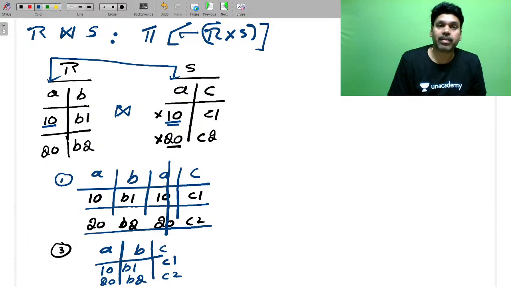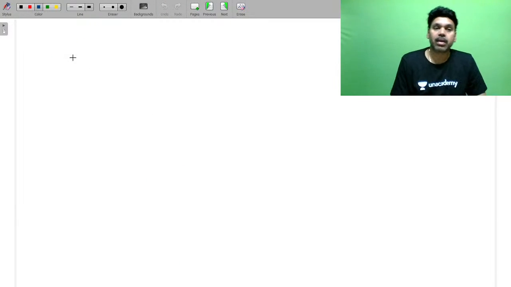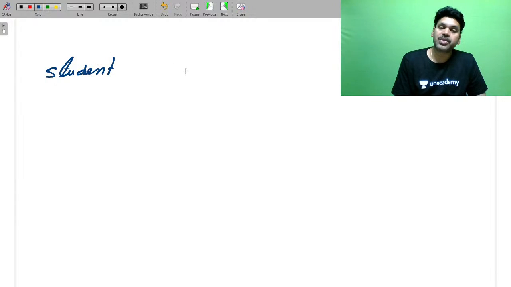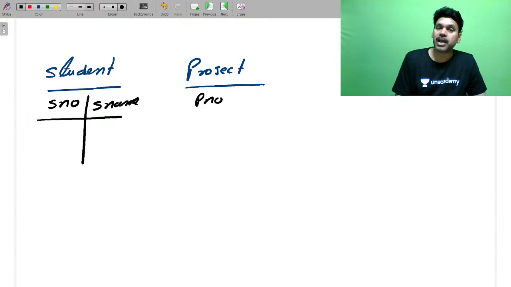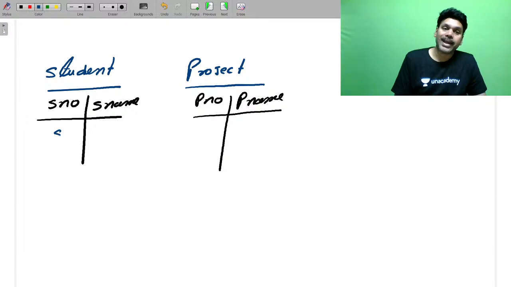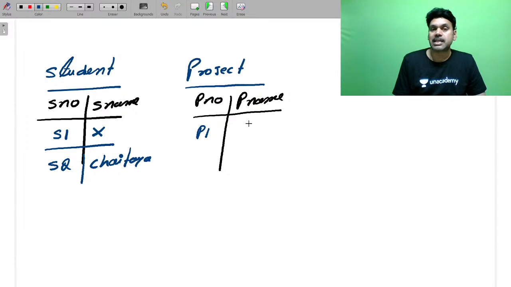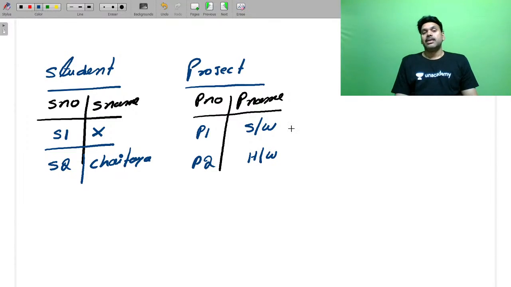Now, let me give you a symbolic example between course and student, or project and student. This is the student instance, and this is the project instance. The student instance has student number and student name. Please observe this example; this is how you are going to be asked. Project number and project name. So student number S1 by name X, student number S2 by name Chaitanya, and project number P1, it's software, and project number P2, it's hardware.